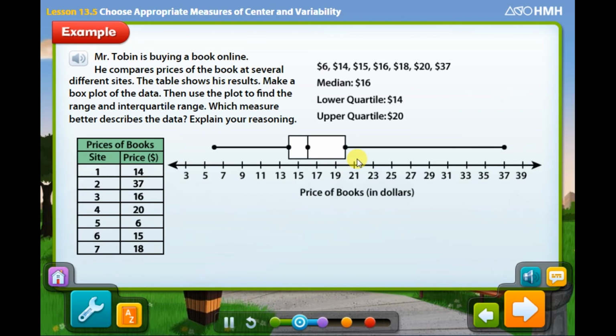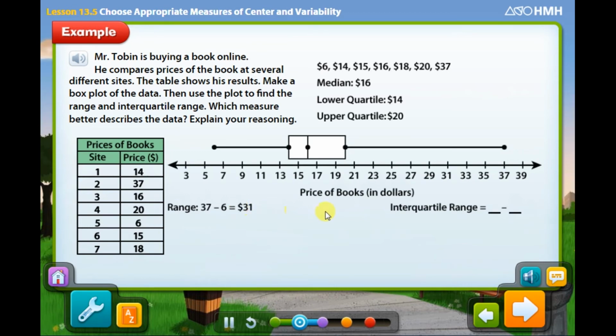Use the box plot to find the range and interquartile range. The range is the difference between the greatest value and the least value. So 37 minus 6 is 31. The difference is 31, so the range is $31.